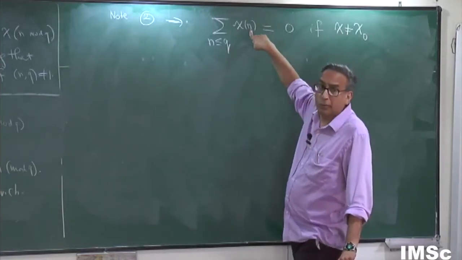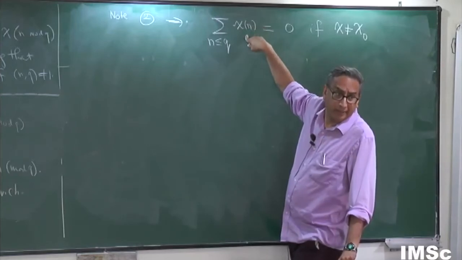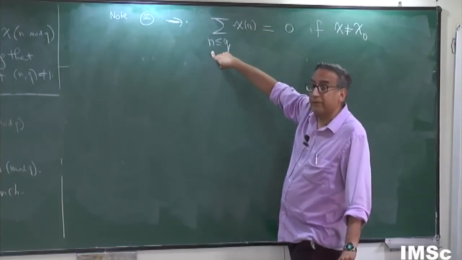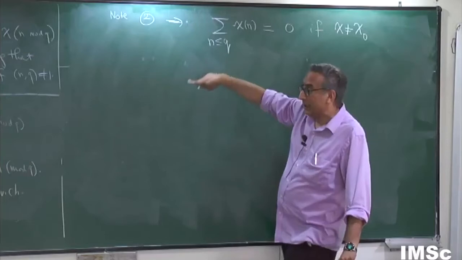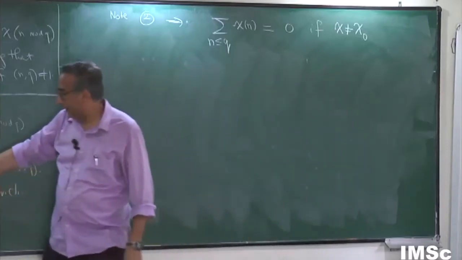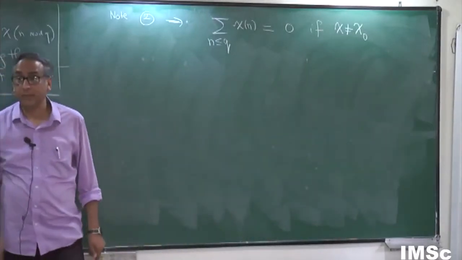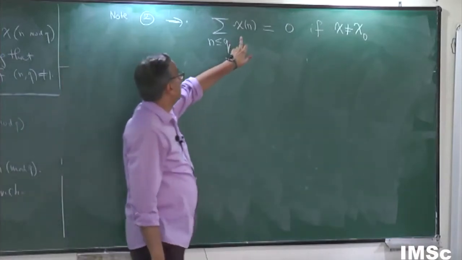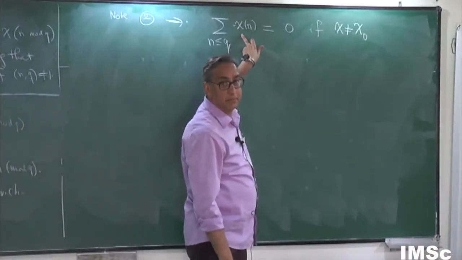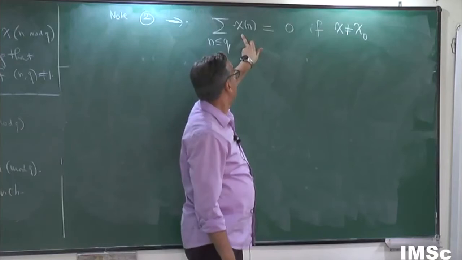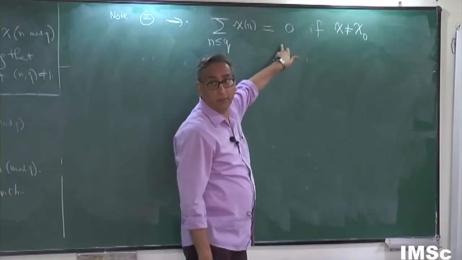Okay, when n is not co-prime to q, this is 0 anyway. When n is co-prime to q, I pick up every residue class once. So you're picking up that, and therefore that has got to be 0. So in other words, the partial sum, summation chi n, up to q is always 0.